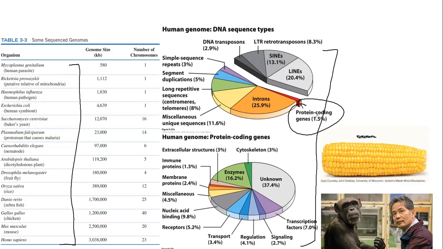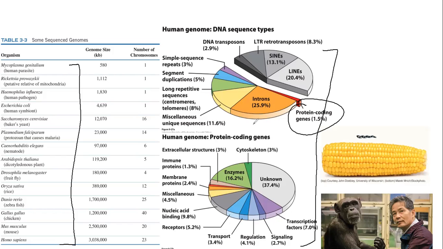They do our chemical reactions. They also help us structurally. They are very key for a cell to live. Yet only 1.5% of our whole DNA is made to make proteins. 25% are introns, things that we cut out that don't make it into the final product.